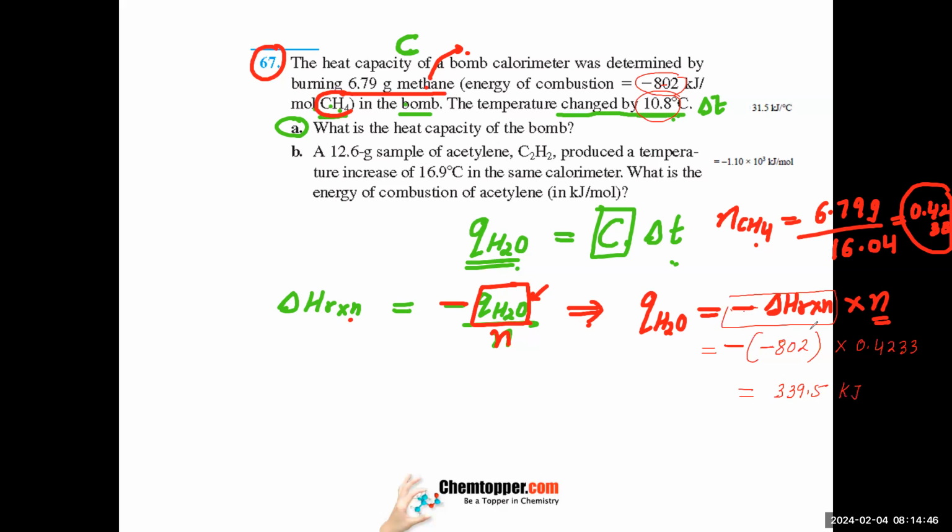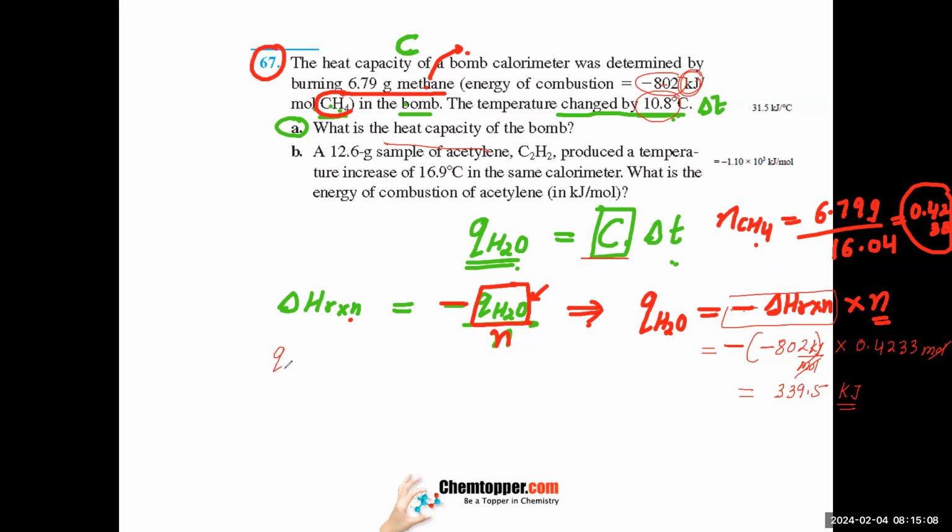Kilojoules. See, I didn't change this unit. This was kilojoules per mole. This is mole, mole cancelled. Kilojoules, right? Now, what is the aim? To know the C. That's the question. Heat capacity. So I know Q of the water.